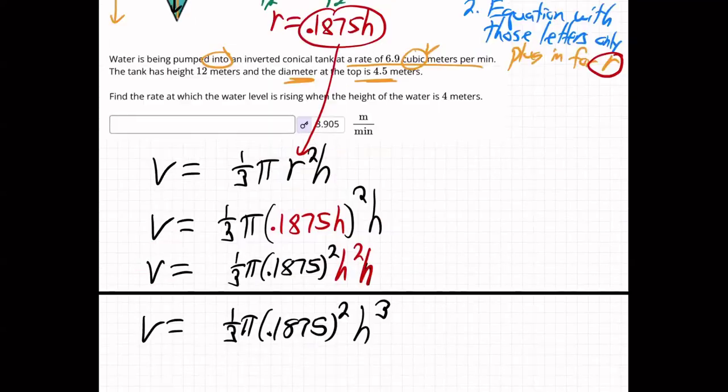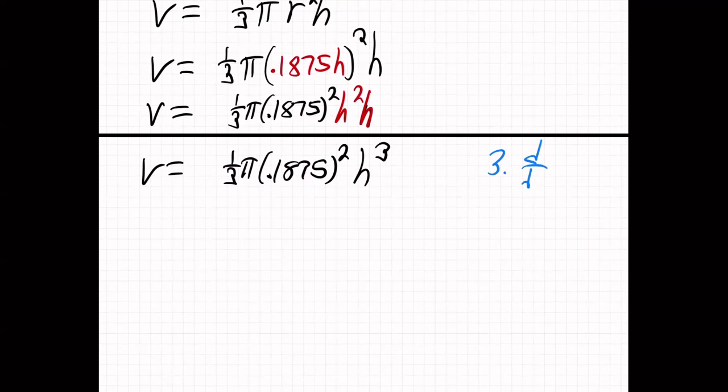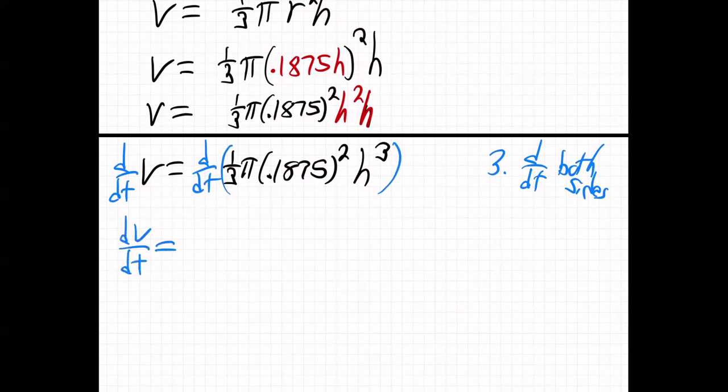So now step number three, d/dt both sides. So I'm going to go d/dt this side and d/dt that side. So then we get dV/dt.